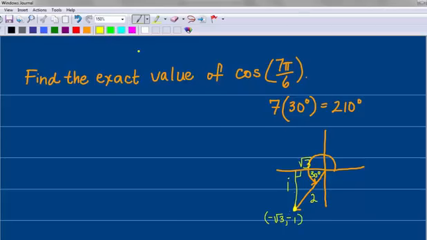I'm going to the left and down to get to that point. It's in the third quadrant. And therefore, I can evaluate the cosine of 7 pi over 6 as x over our radial length r, which in this case is -√3 over 2.